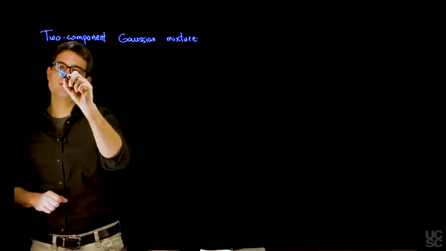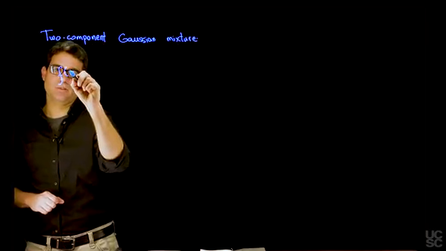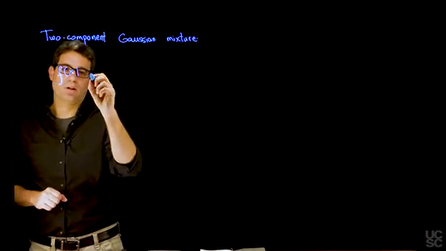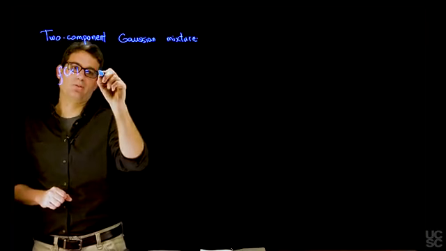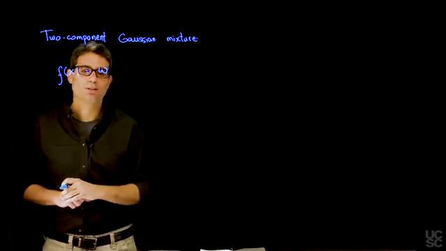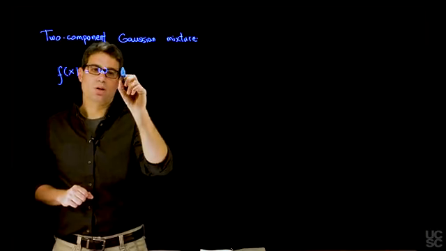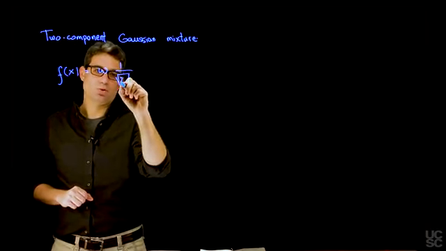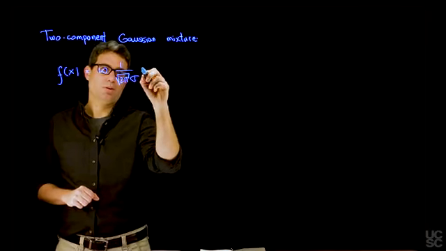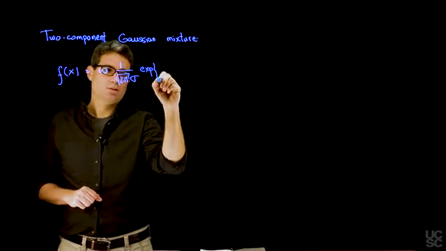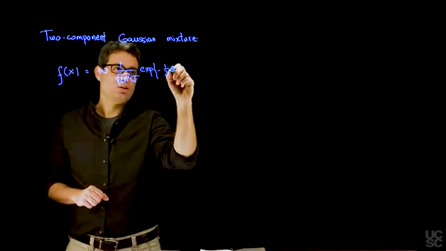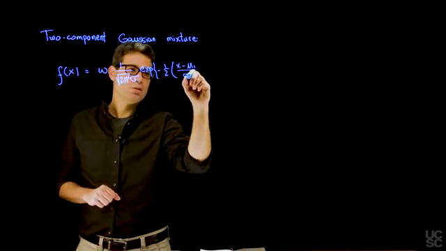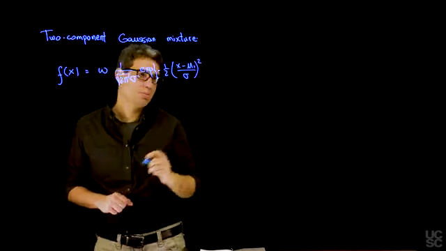And for that distribution, the density of the mixture is going to depend on 5 parameters. So we're going to have first a weight omega that corresponds to the first component. And that component has a Gaussian distribution, 1 over the square root of 2 pi sigma, exp of minus 1/2 x minus mu1 divided by sigma square.